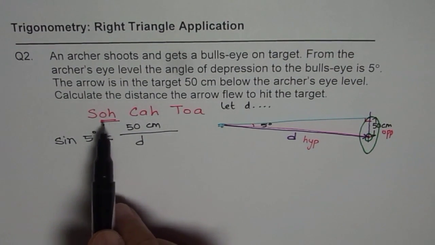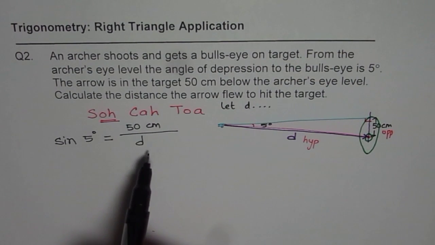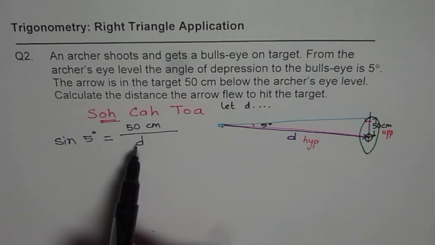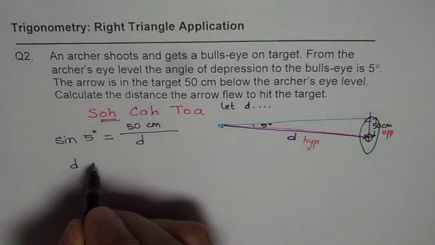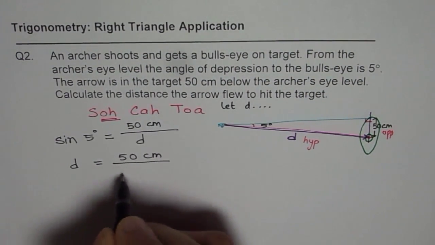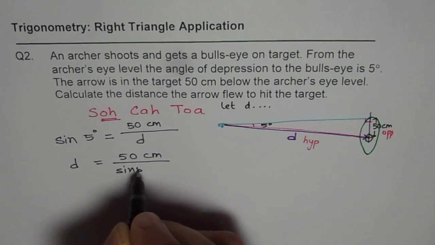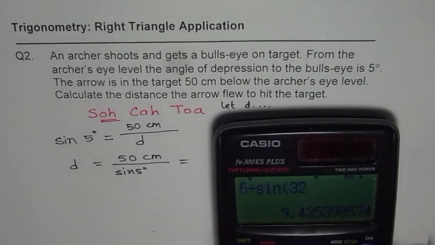Now work out which ratio to be applied from the sketch. Now solve. To solve this ratio, we should cross multiply. So d equals 50 centimeter divided by sine of 5 degrees. Then you will get your answer. Use calculator.